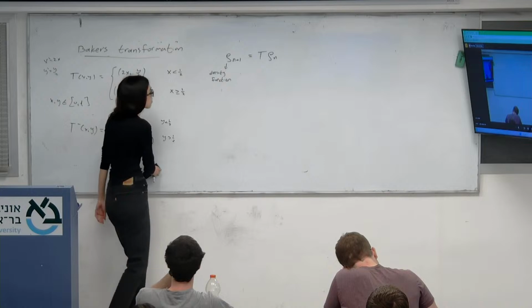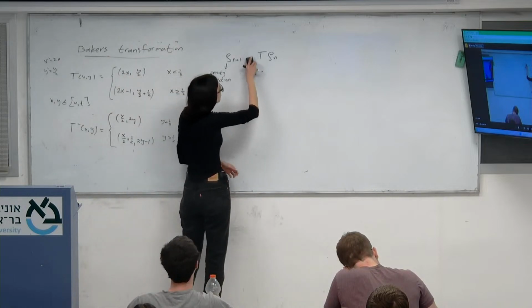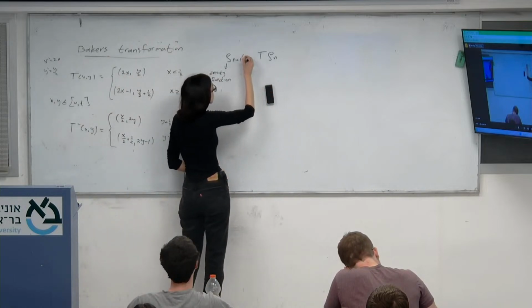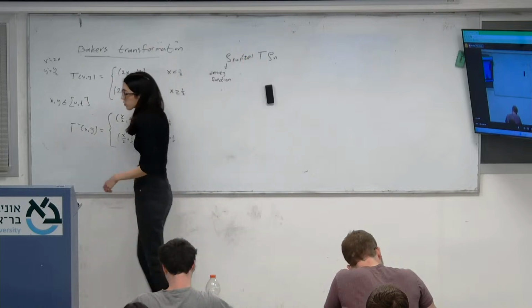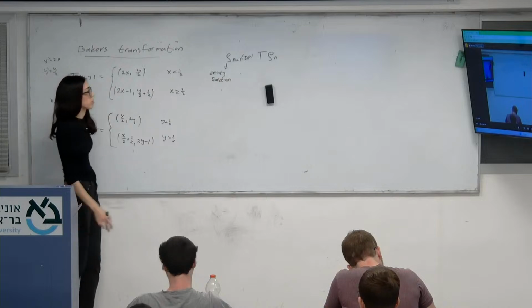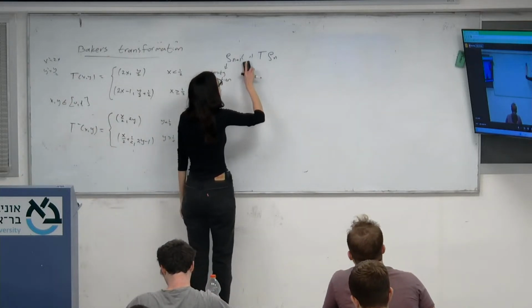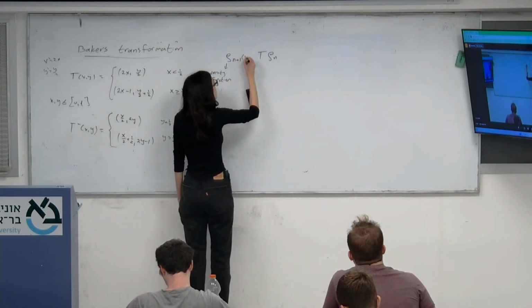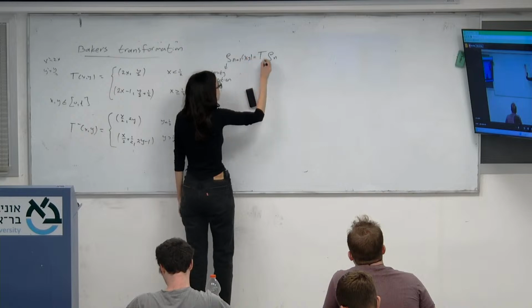And let's write it also with, so this is Q and P, this can also be, okay, let's use X and Y.